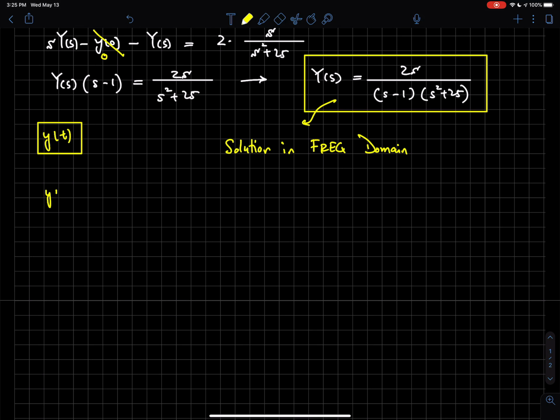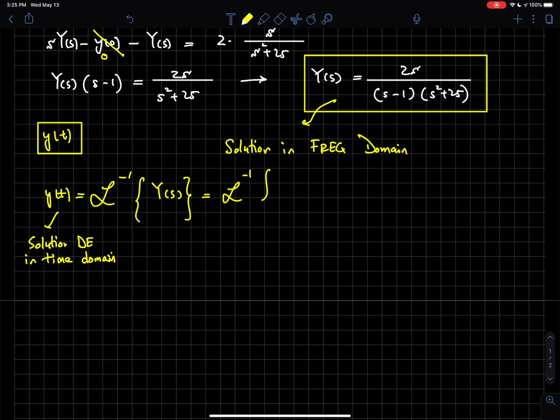So y of t, which is my solution to my differential equation in time domain, will simply be the Laplace inverse of y of s, which is the Laplace inverse of 2s over (s minus 1)(s squared plus 25).